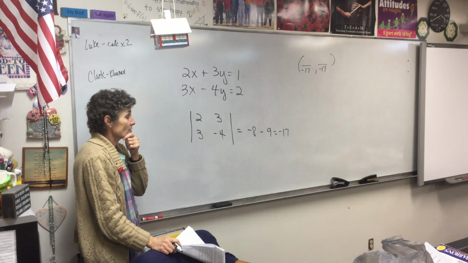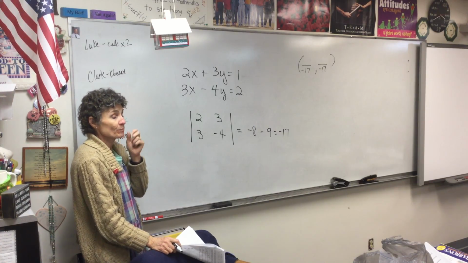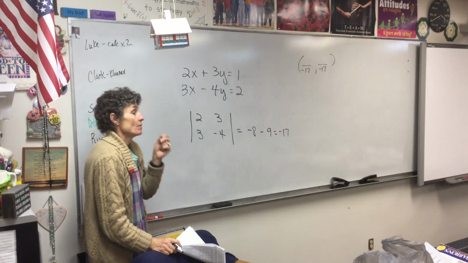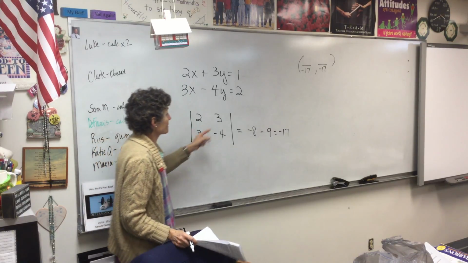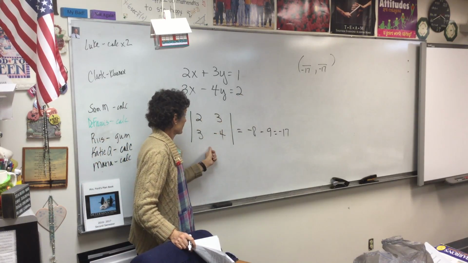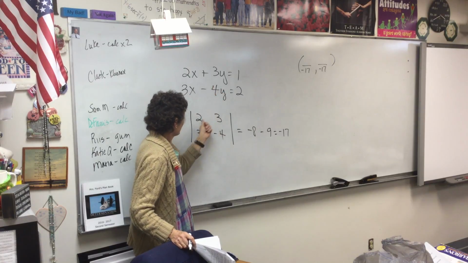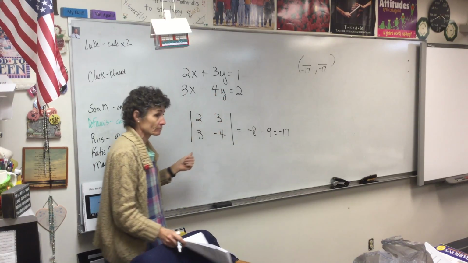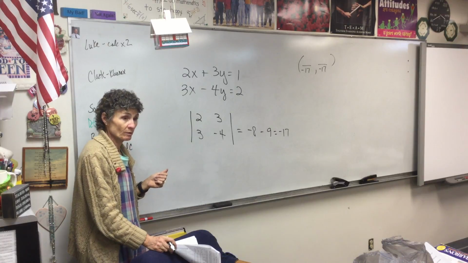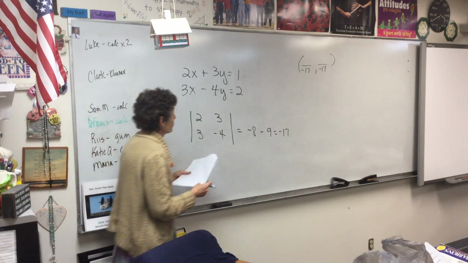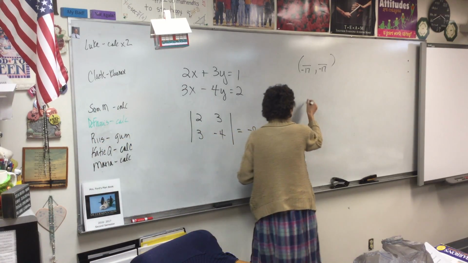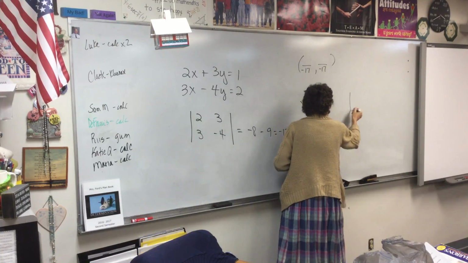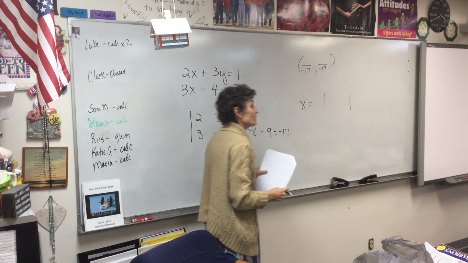So we're going to find x and y in pieces. The first thing we do is find their denominator. That's just the determinant of these coefficients. Okay, still with me?